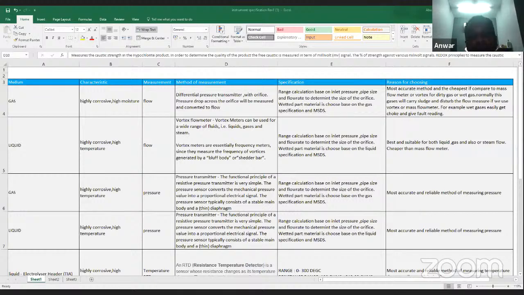When you have complex instrumentation, it means the process is very critical. It can bring harm to people and the environment if you don't manage this properly, and maybe damage upstream or downstream assets. So the instrumentation will be complex because it needs a number of loops to take care of various areas to ensure things run smoothly.